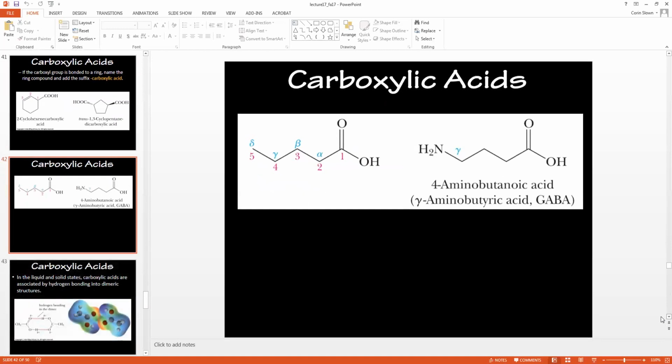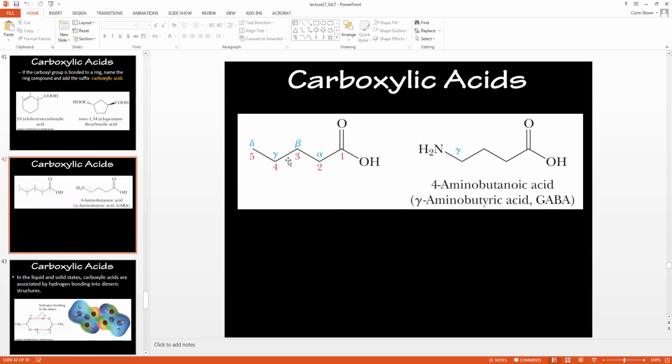The next thing that we're going to pay particular attention to is the way we look at carbons. So if we number carbon 1 as the carboxylic acid, then sometimes there's chemical reactivity that's associated with the carbons that are near that carboxylic acid. So we're going to label those as alpha, beta, gamma, and delta.